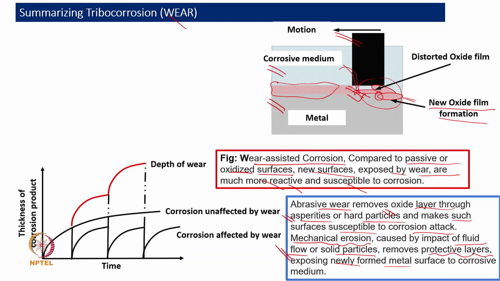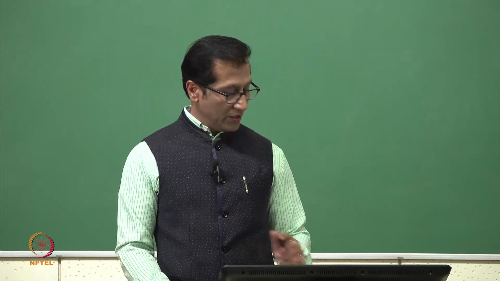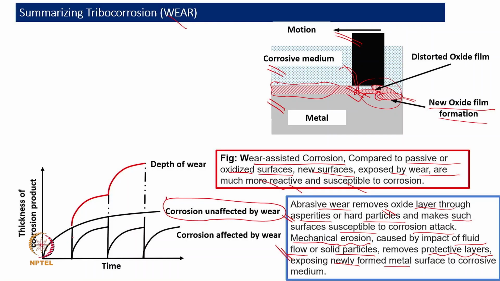Now if we try to show this figuratively, say here corrosion unaffected by wear, when the surfaces were not wearing out and only a layer was getting deposited. But now because of the wear, what will happen is the layer forms, then it wears out completely, another layer forms, again it gets removed, another layer forms, and then is removed.